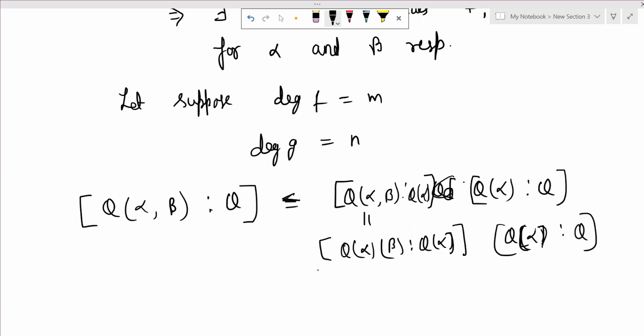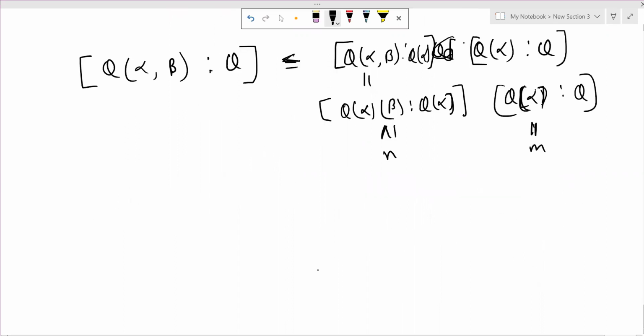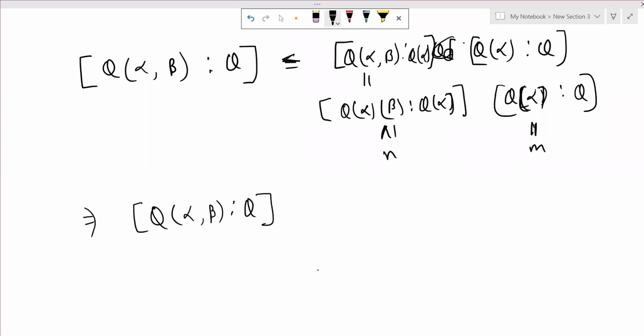Now see, this is equal to m, and this is less than or equal to n. So this implies [Q(alpha, beta) : Q] is less than or equal to mn.